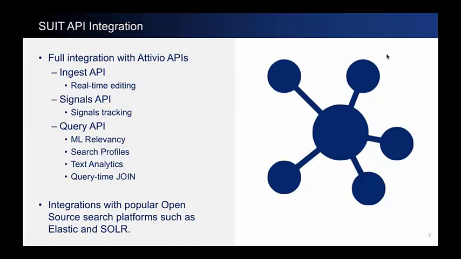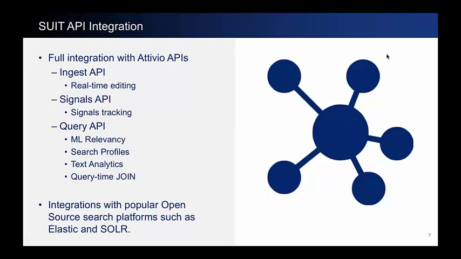So that's available. The Signals API lets you know what exactly users are doing when they're working with the search application. What are they clicking on? If they're liking a specific document, everything you can think about as user behavior. And then we have the Query API, so everything related to the search side, such as integration with our machine learning relevancy, search profiles, text analytics, and the query time join.